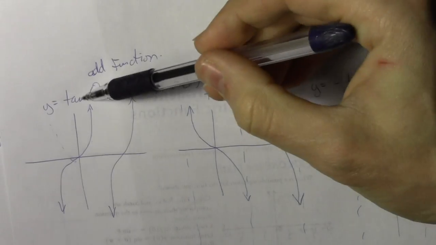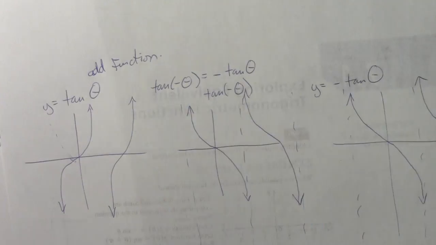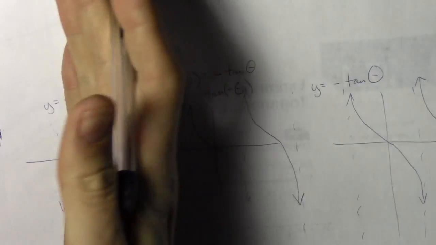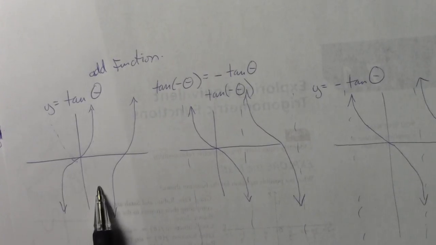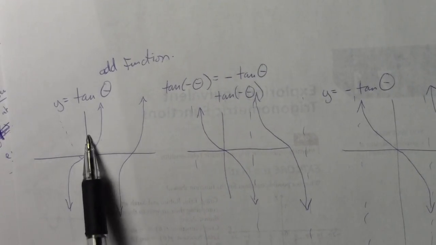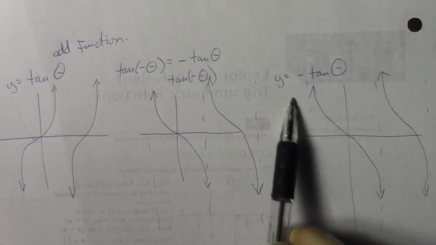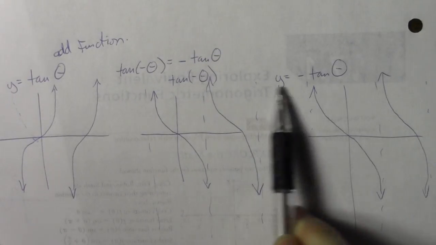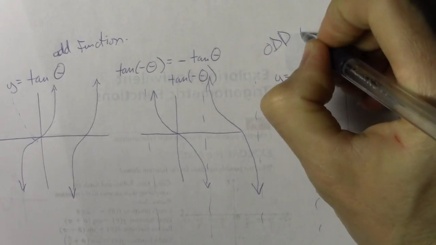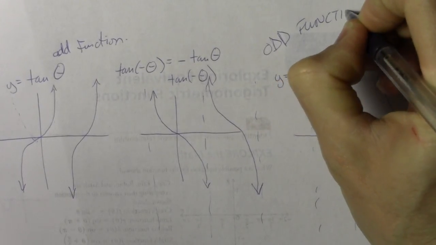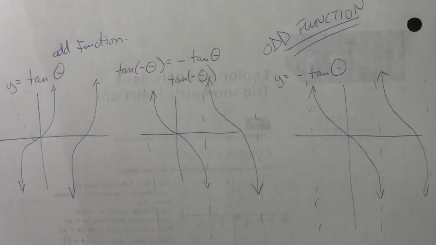So you're taking our original tan function and we're flipping it across the y. So this becomes this. Do you see that? This switches over the y-axis, this switches over the y-axis, so we end up with this graph here. So these two graphs are the same. So again, odd function. Any questions there?